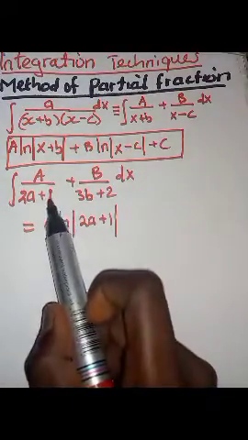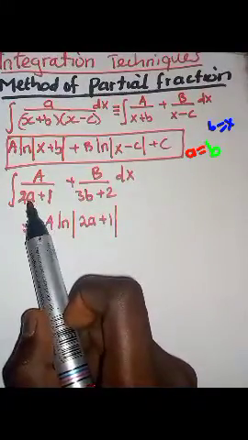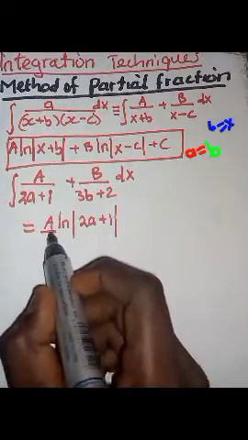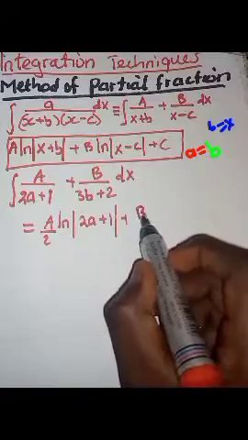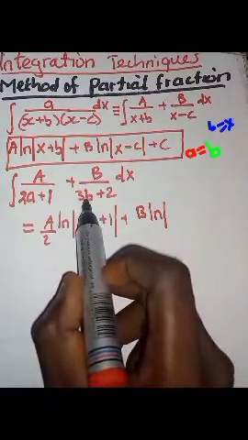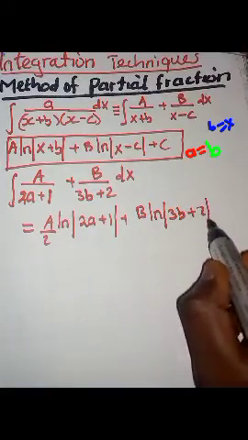The derivative of 1 is simply 0, and the derivative of 2a with respect to a is just 2. So this is divided by 2. Plus B times the natural log of the absolute value of 3b plus 2. Good, that's what we have.